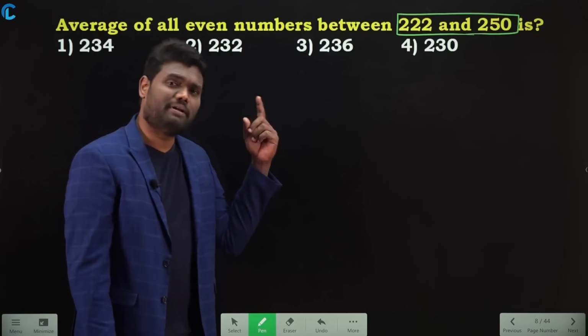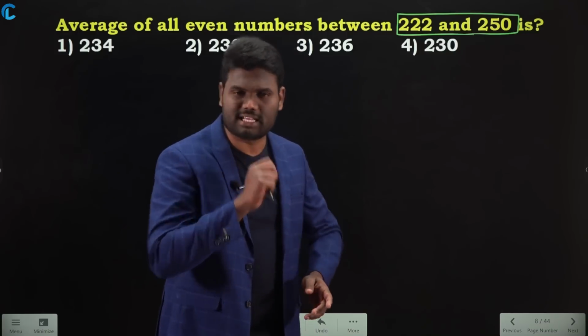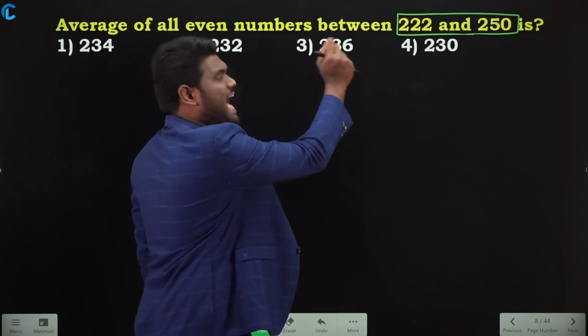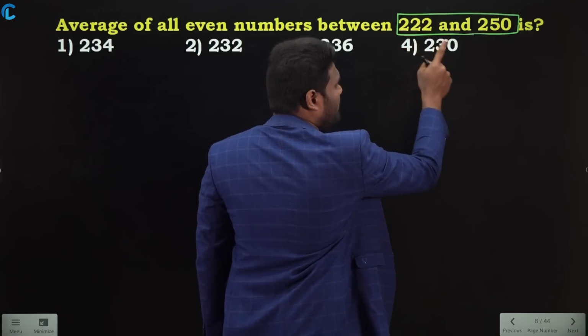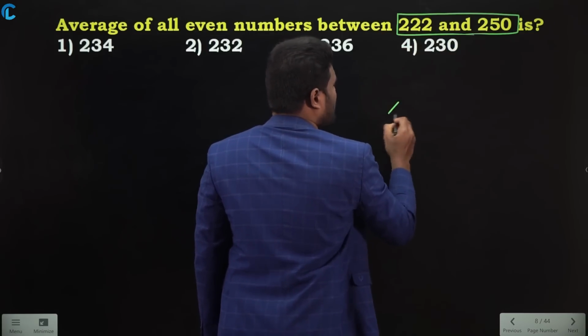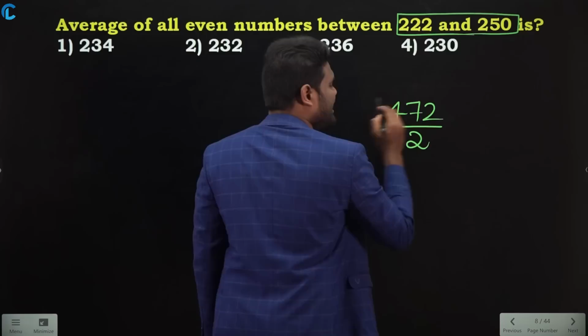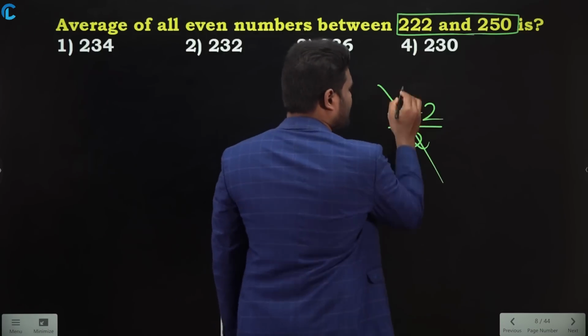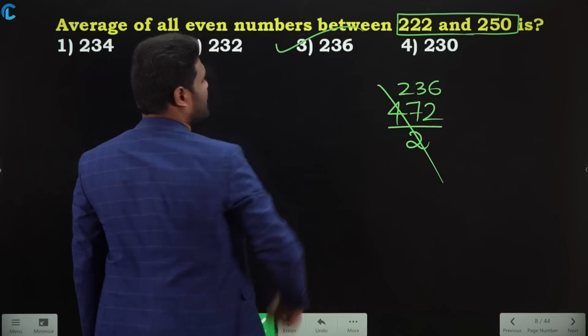And this question and the previous question are nothing but questions that were asked in the SSC CGL mains examination. So calculate directly the average for these numbers. When you add these numbers, 222 plus 250 is nothing but 472. So average means 472 divided by 2. Now this is nothing but 236. So I can say that the answer is going to be 236.